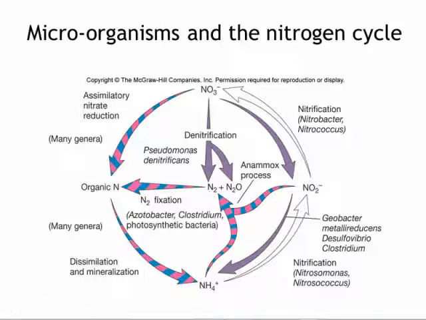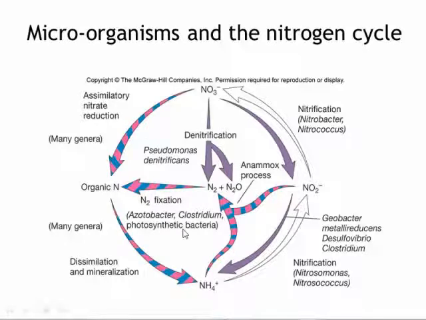And that leaves the rest of these arrows here and these ones, which are kind of weird. This one, nitrogen fixation, is the assimilation of atmospheric nitrogen gas into organic nitrogen. Who performs this? Okay, here we go, we've got the names of these guys down here.